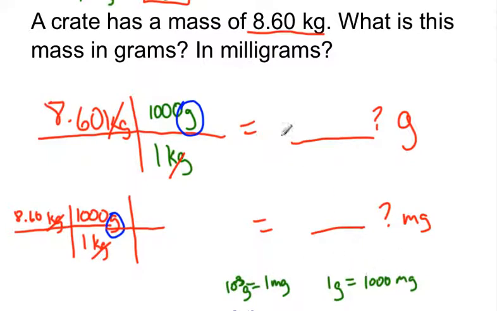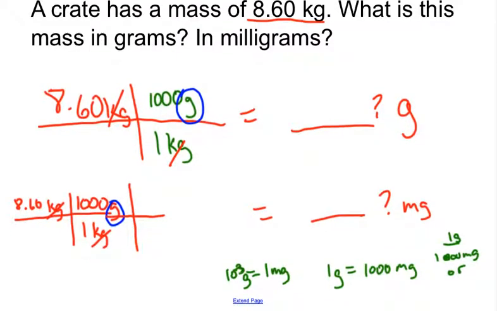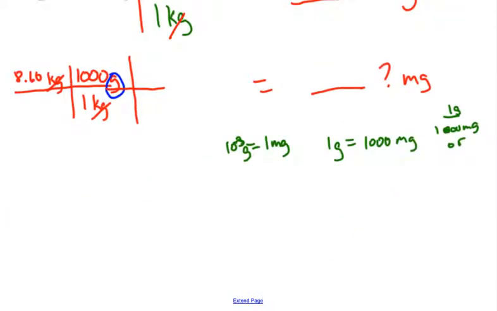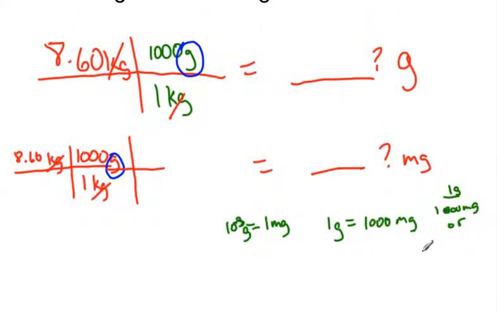I'm going to use this one on the right, and I need to put it in like a fraction form, a ratio. So I can write it like this, 1 gram over 1,000 milligrams, or I could write it with 1,000 milligrams on top and 1 gram on bottom.